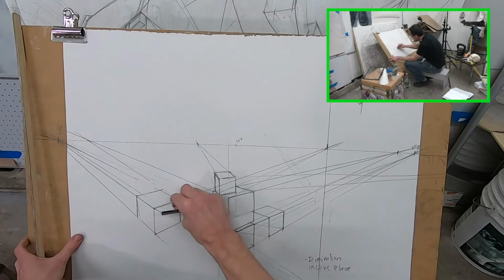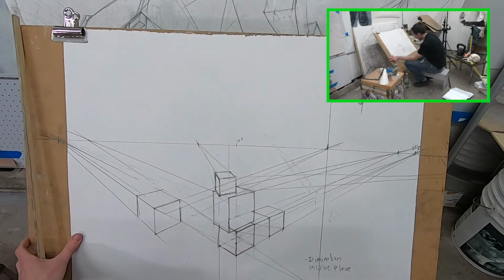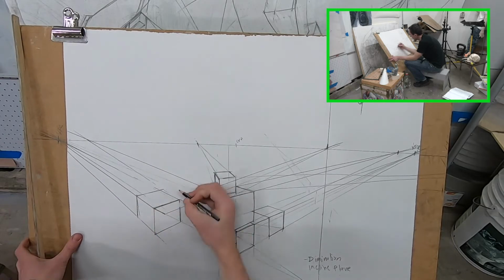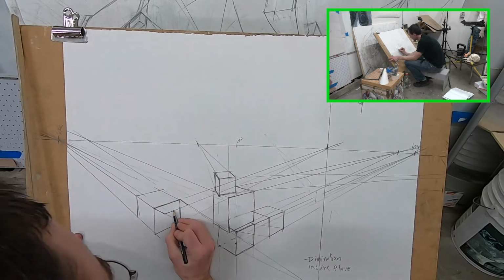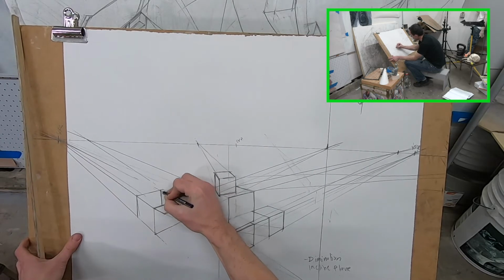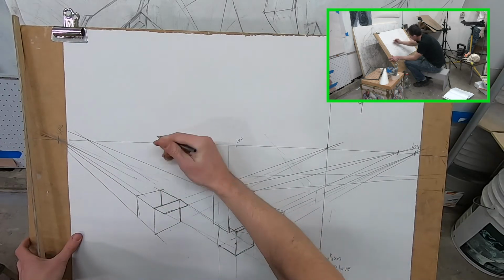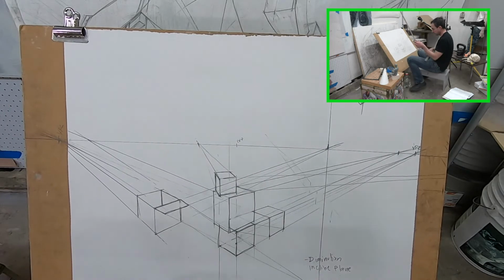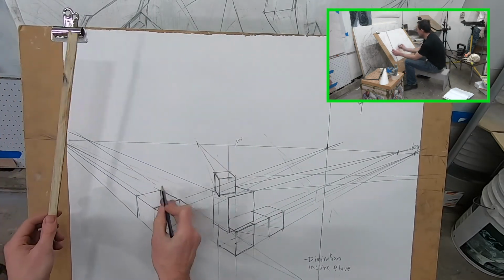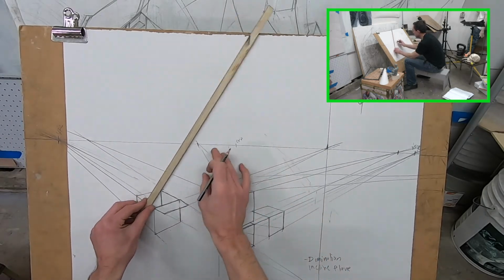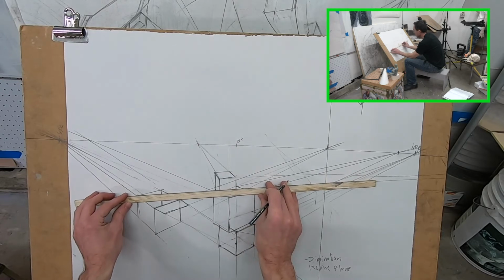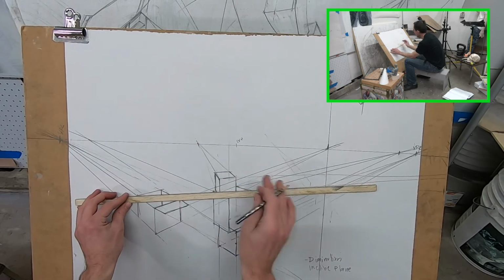And then let's use a little bit of line weight to clarify. Since we're drawing a box, we might put in that inside edge. And let's do another one on the other side.